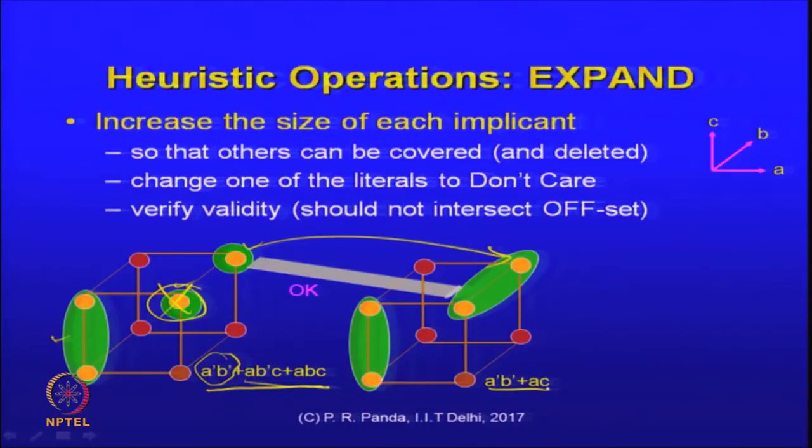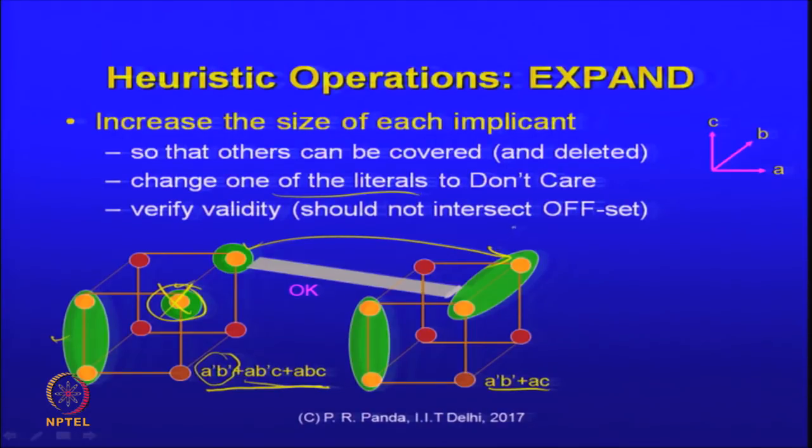And in terms of the implementation of this, so diagrammatically this should be clear. How to implement this is also an interesting problem we will get to later on, but logically what we are doing is we are changing one of the literals in that implicant to do not care. We are dropping one of those literals.